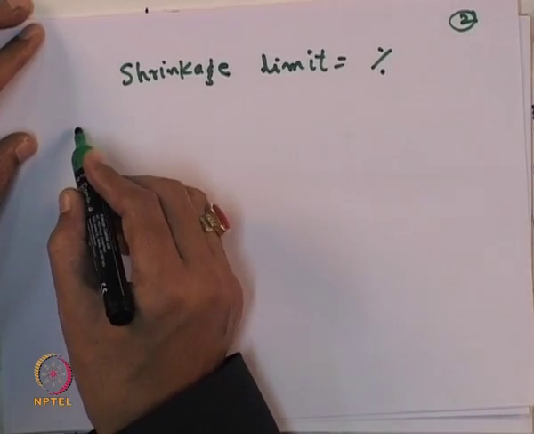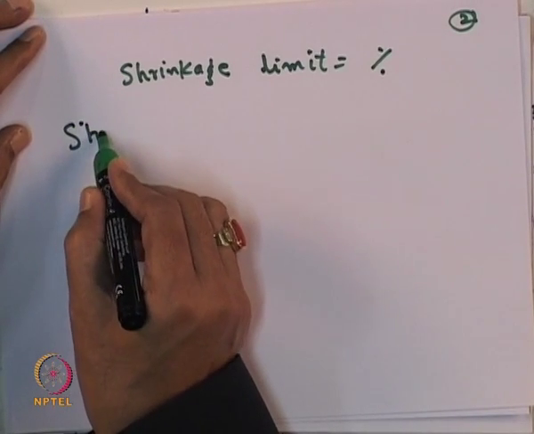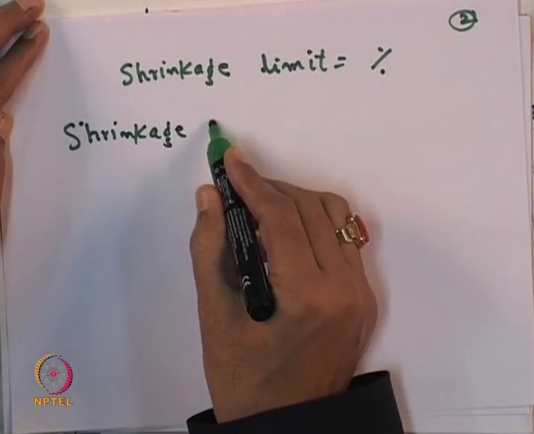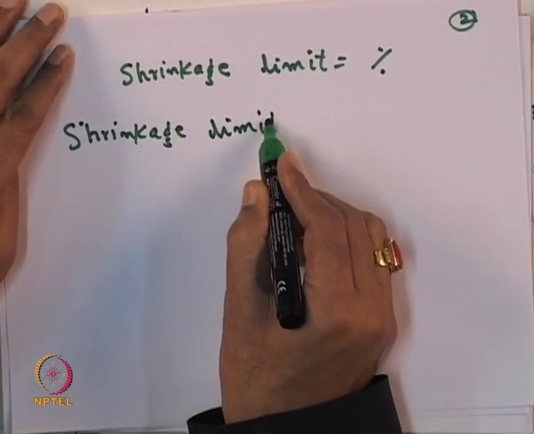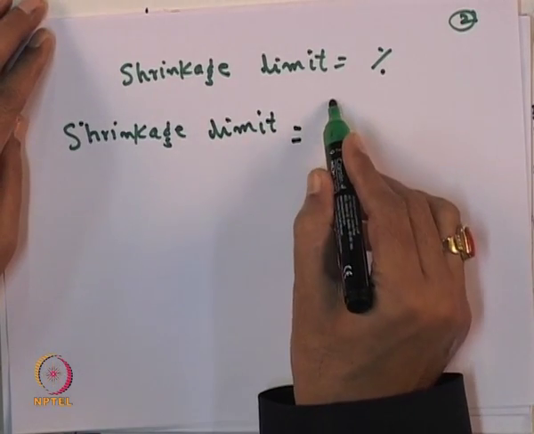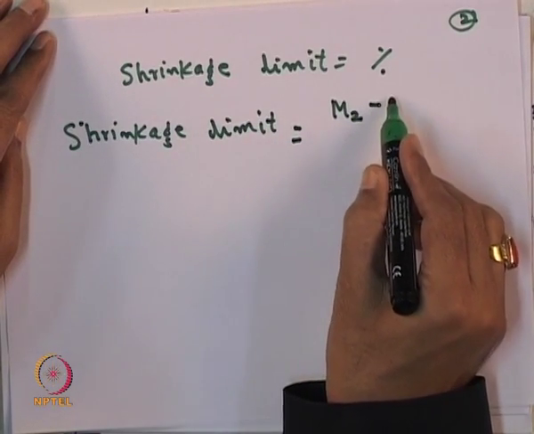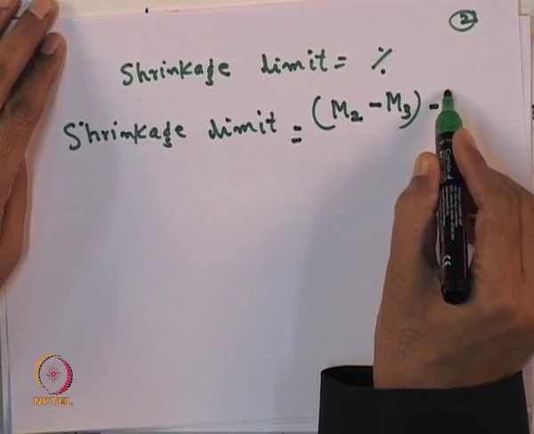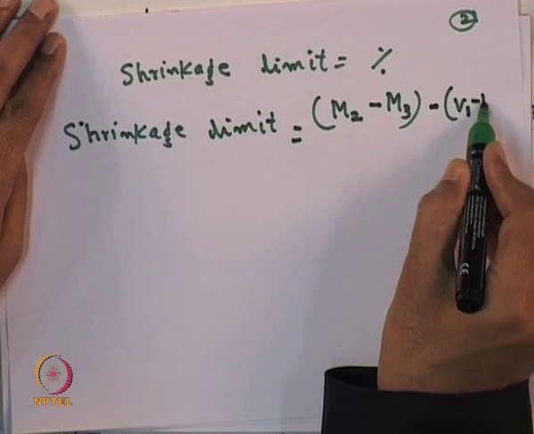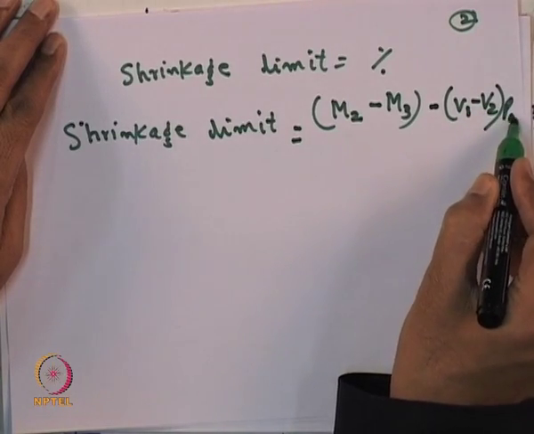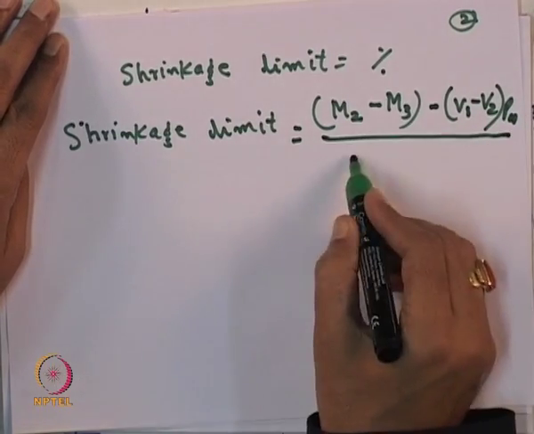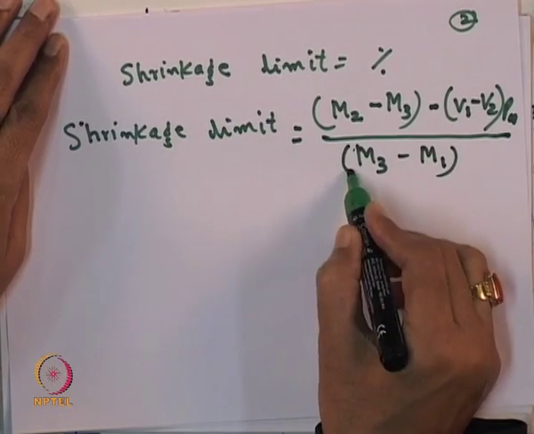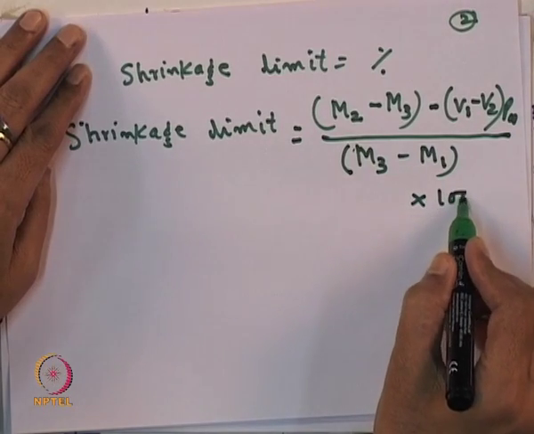So, the equation for the shrinkage limit is equal to M2 minus M3, minus V1 minus V2 into rho W, this divided by M3 minus M1, this into 100.